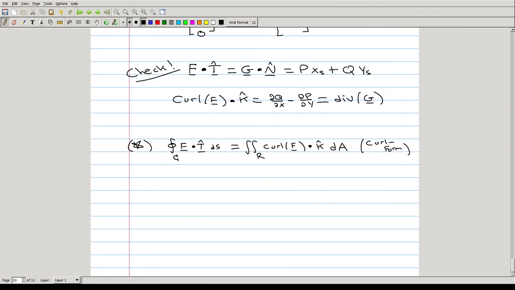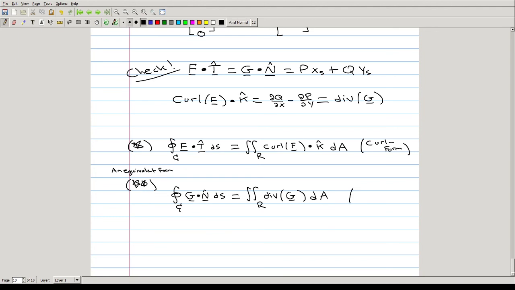Using these nice things we've shown right here, we can also write an equivalent form to this first form: the closed contour integral of G dot N ds is equal to the double integral over R of the divergence of G dA.